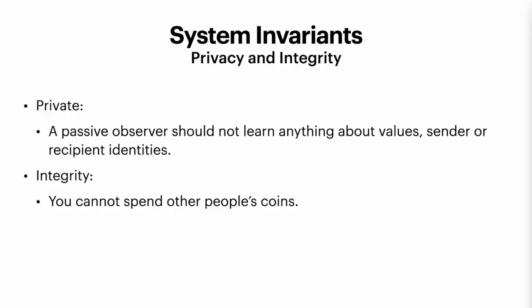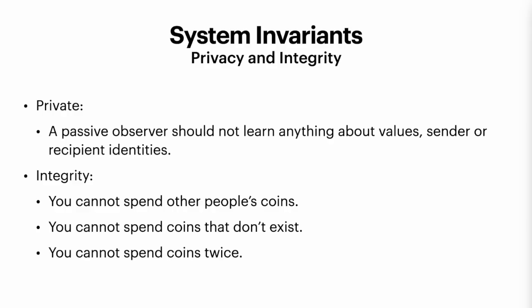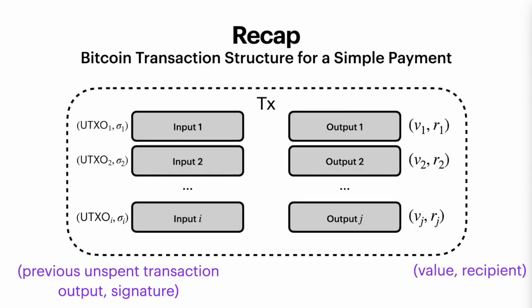We don't want to be able to spend other people's coins. We don't want to be able to spend coins that don't exist. There should not be double spends. And we shouldn't be able to create or destroy value. Value should be conserved in the system, keeping aside things like the block reward. Okay, so that's kind of what we want.